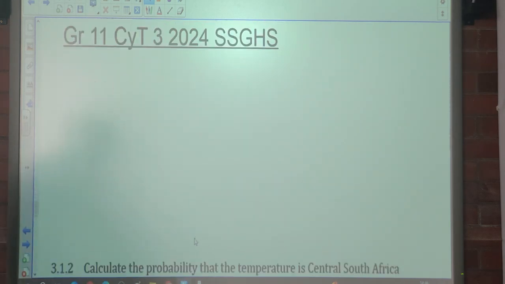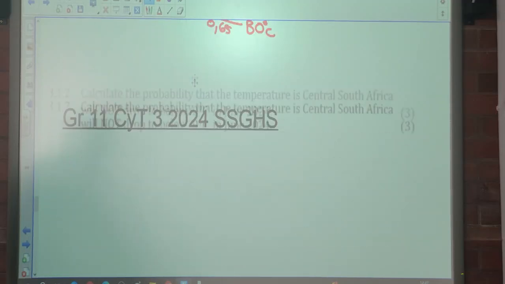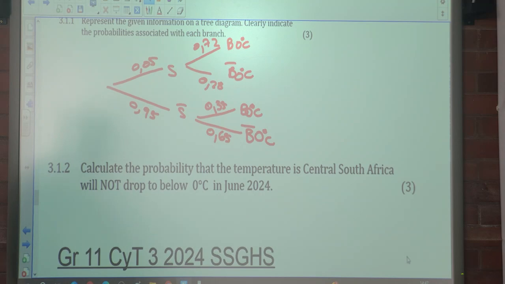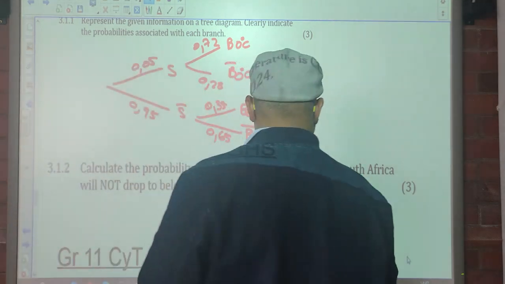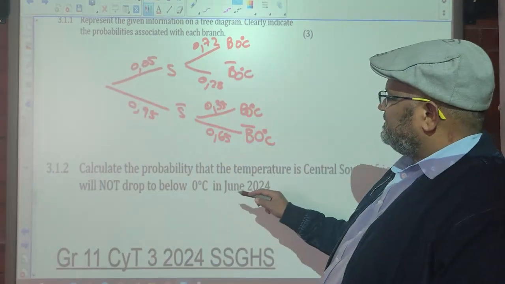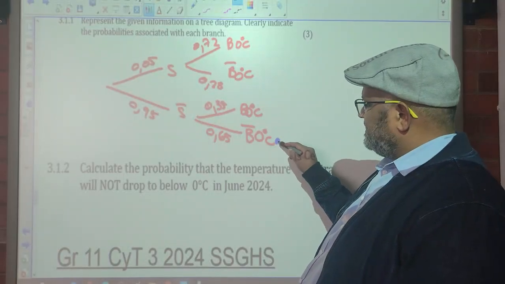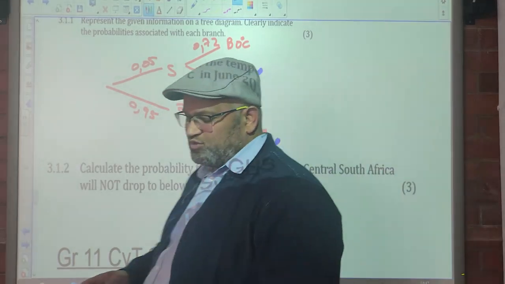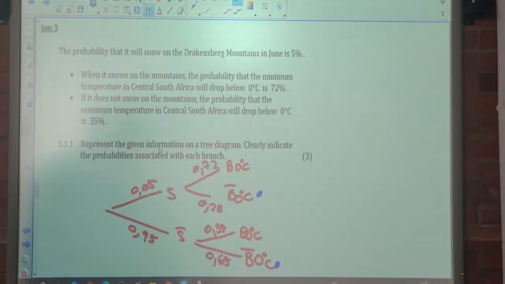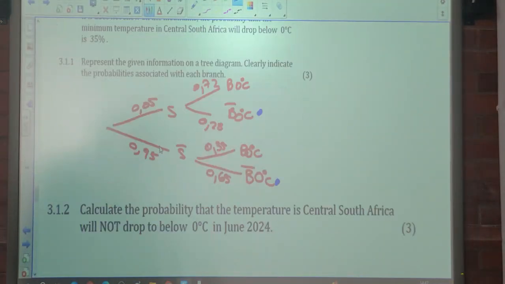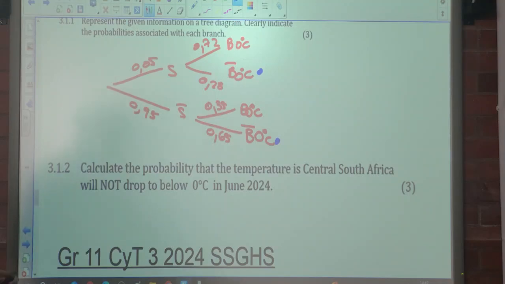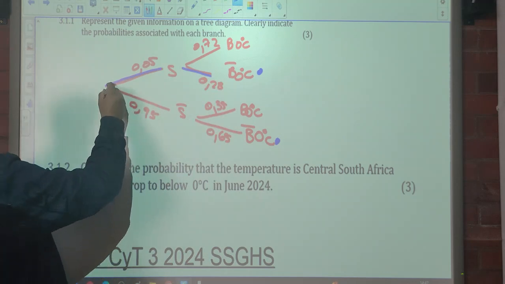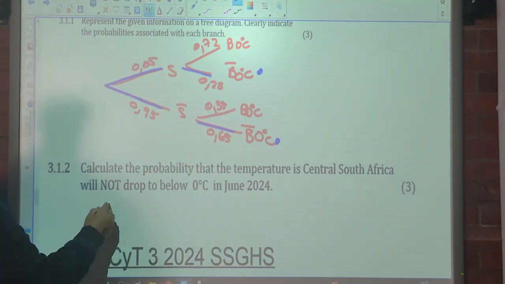3.1.2. Calculate the probability that the temperature in Central Africa will not drop to below 0 degrees in June 2024. So in other words, you must go take those branches.